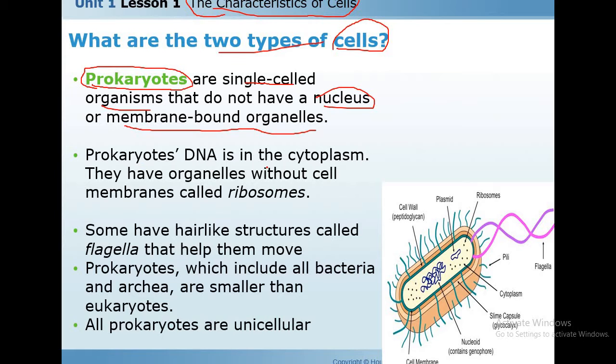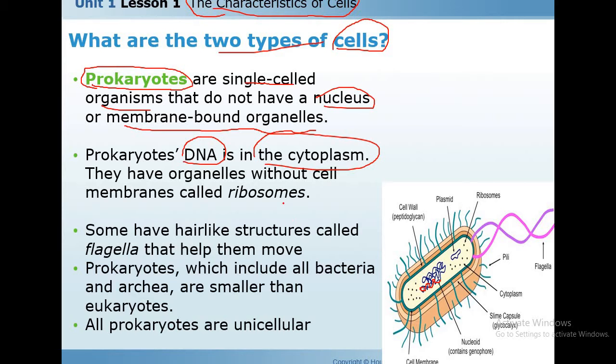Prokaryote DNA is in the cytoplasm. This DNA, the blue one, is present in the cytoplasm.